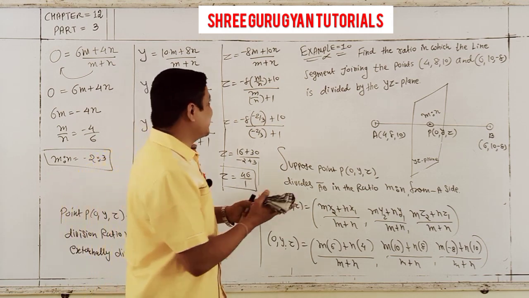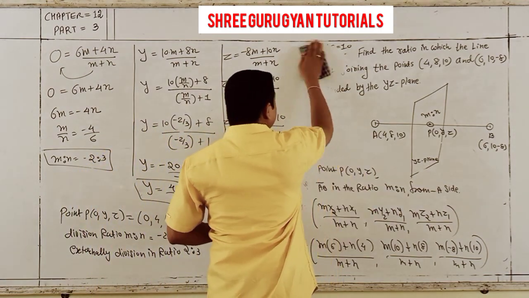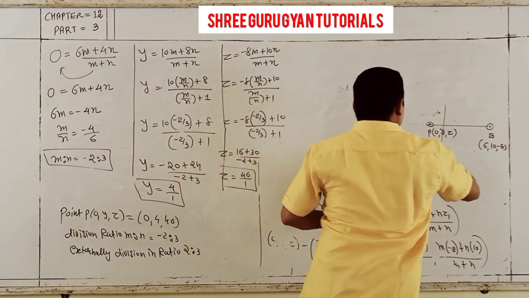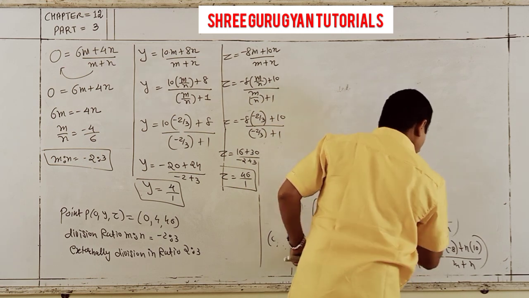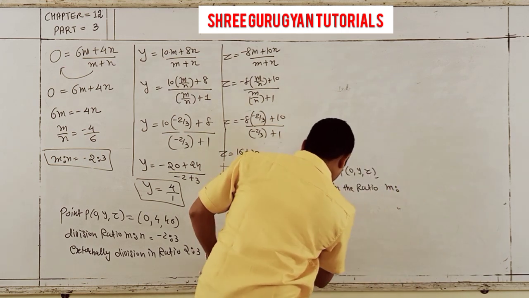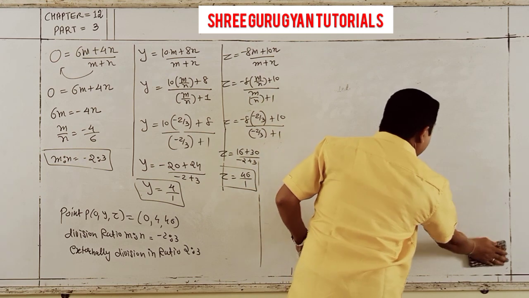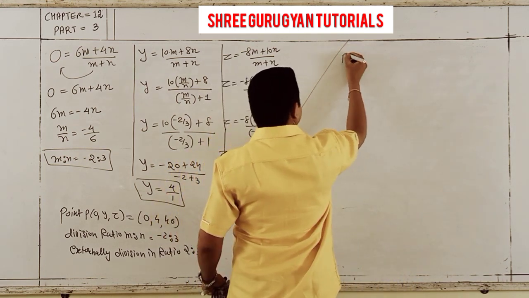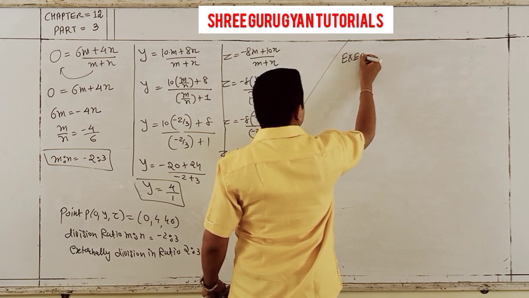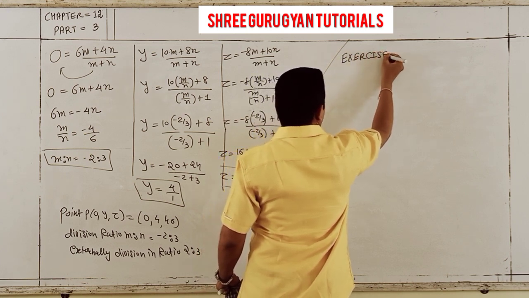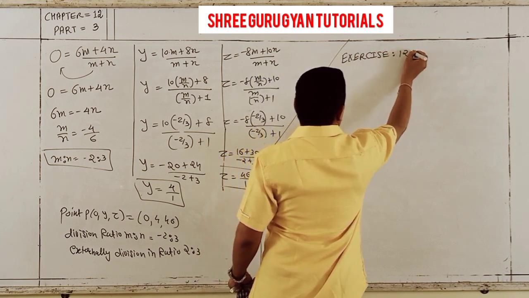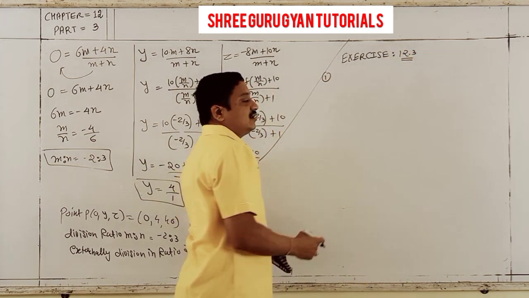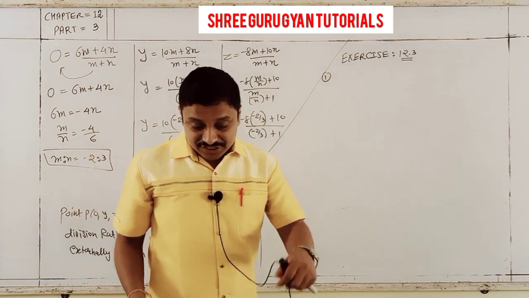Now I go to the exercise. First one, same as going to exercise 12.3. Find the division points, both internally and externally.